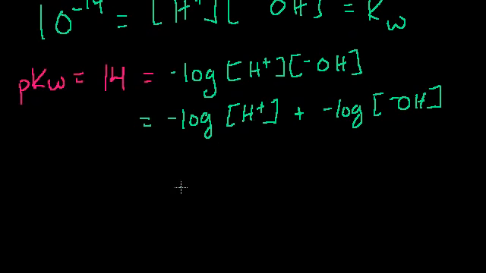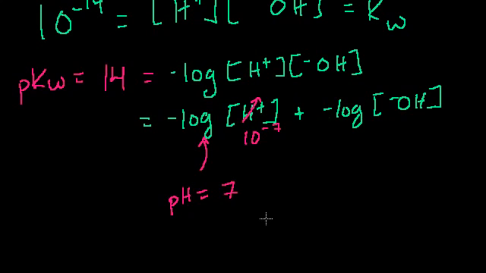And what is this? Well, this is just the pH, which is equal to the minus log. This is 10 to the minus 7, right? 10 to the minus 7, the log of that is minus 7. You have the minus in front, so this pH is equal to 7.